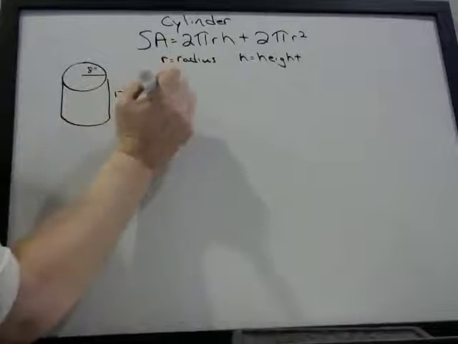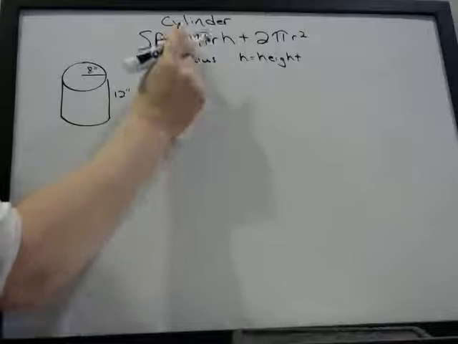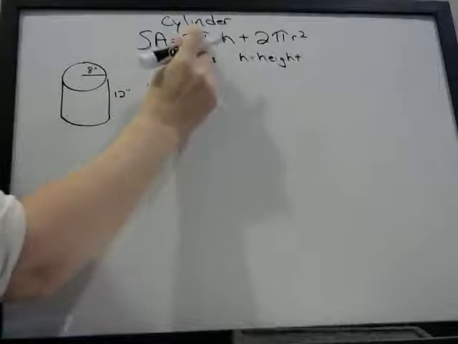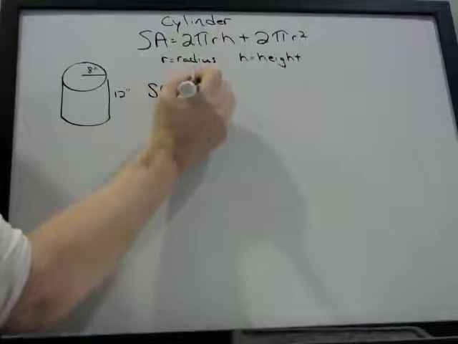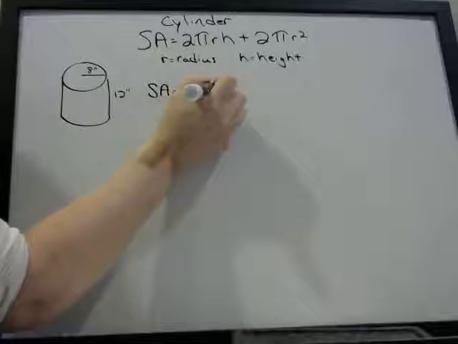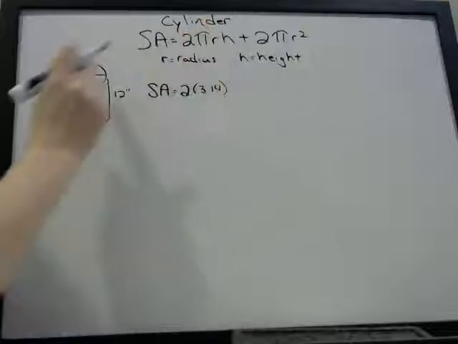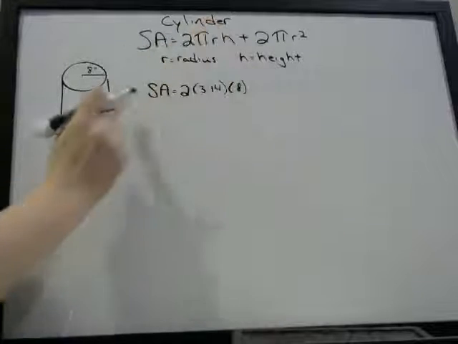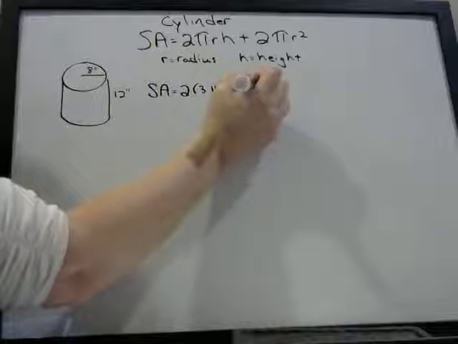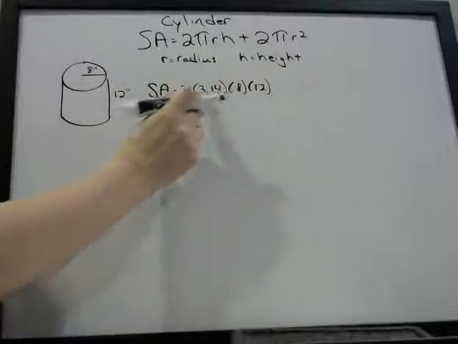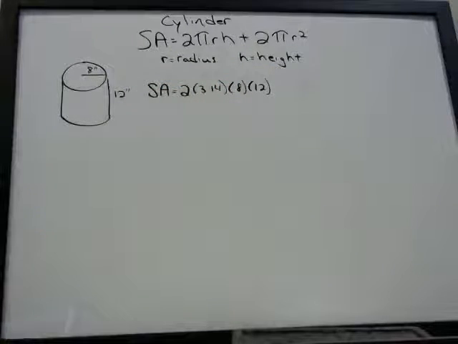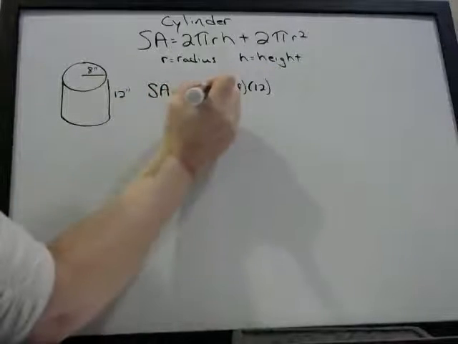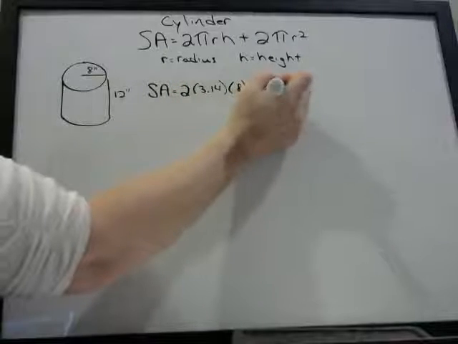So here we have surface area equals 2 times pi. Remember, pi is really just 3.14, so I'm going to write that as 3.14 times the radius. They told us the radius is 8, times the height. They told us the height is 12. Remember, when you write things in a row with parentheses, that means multiplication. So here we have that part of the equation.